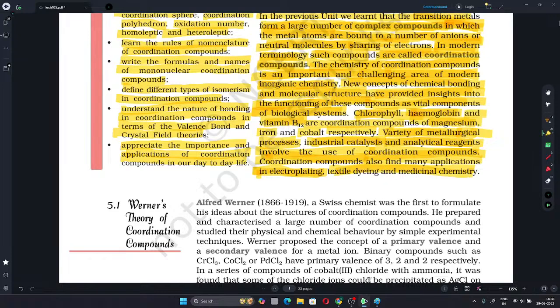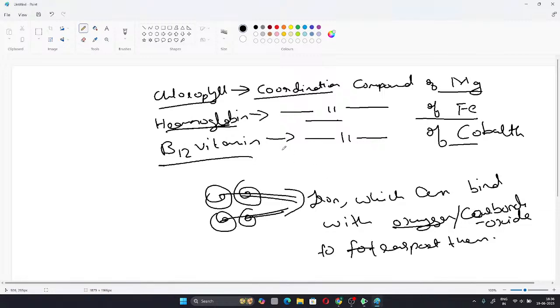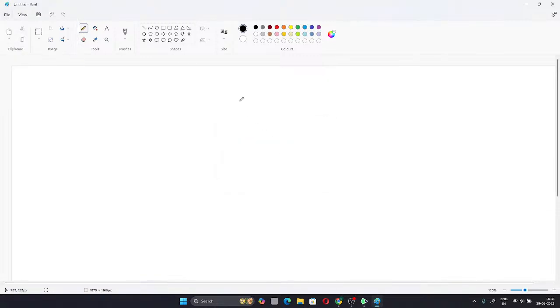That gives a total of six applications of coordination compounds.